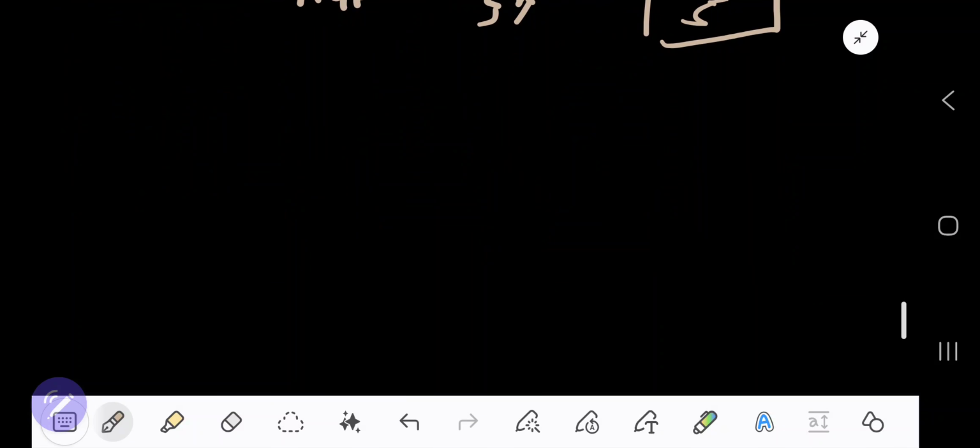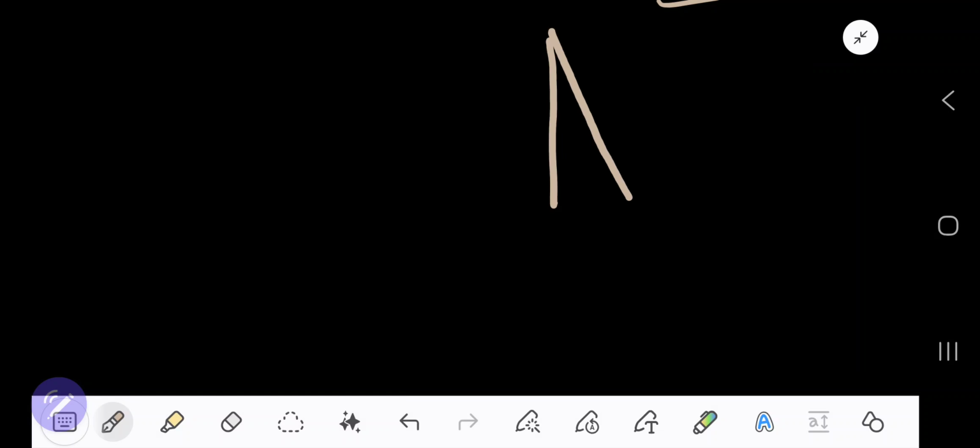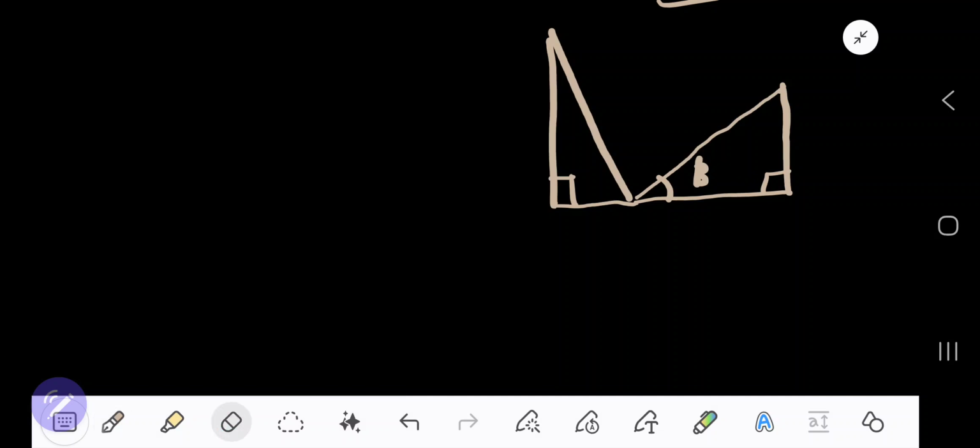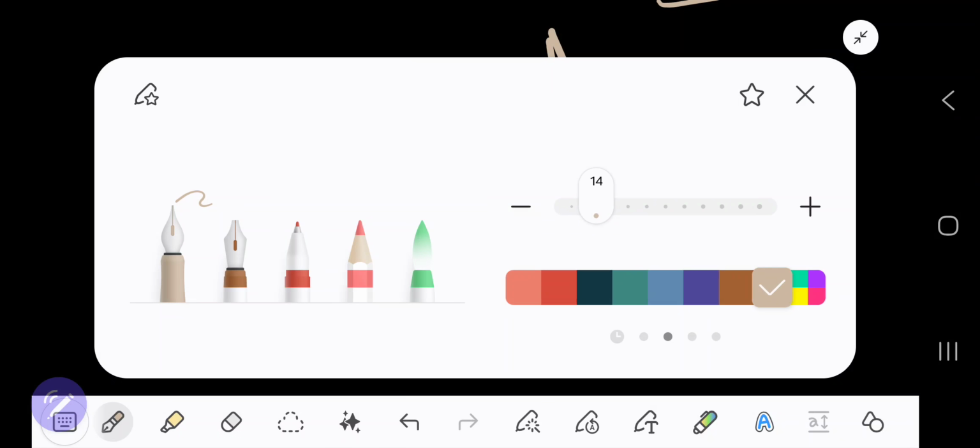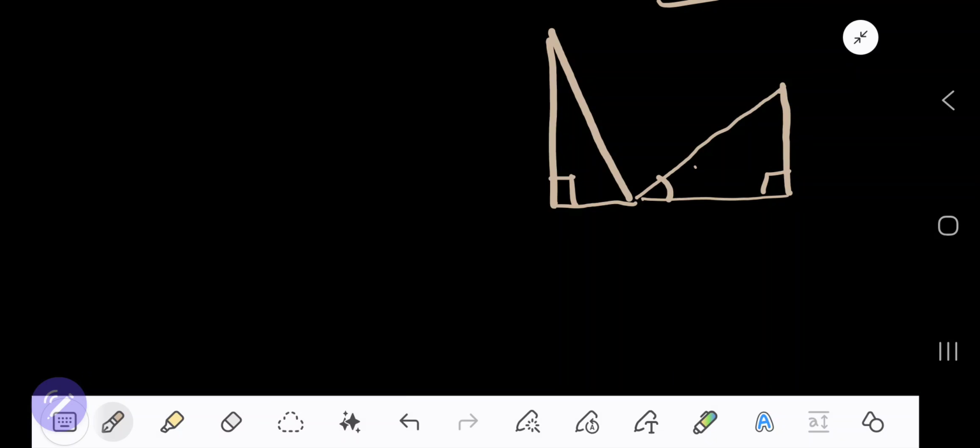Alright. One last question. So if you have this figure, let me just draw it. This is a right angle triangle, and this is also a right angle triangle. Say this angle is beta and this angle is alpha.